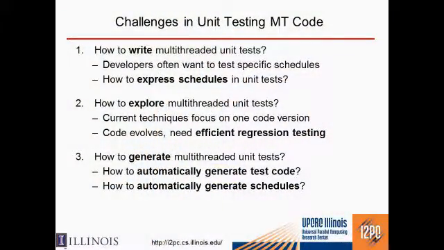But there are many other problems in testing multi-threaded code, especially if you want to unit test this code. There are issues of how to write these tests. Most previous research just assumes that the test somehow exists, that the developers wrote it manually, but it's not clear how people can write that, especially in cases where you want to encode a certain expected result that depends on the schedule.